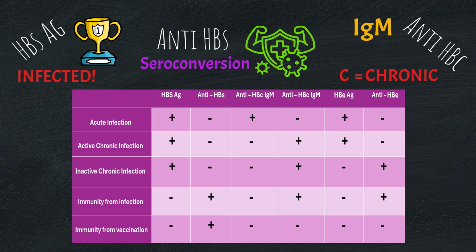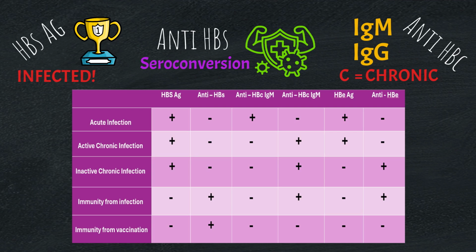Thus, it is present in acute infections only. However, its IgG form is the measure of chronicity, meaning that the person has been infected at some point. If positive, it indicates either a chronic infection, active or resolved, or immunity following infection. So it means that there has been an infection, either a chronic infection or an infection that has resolved.